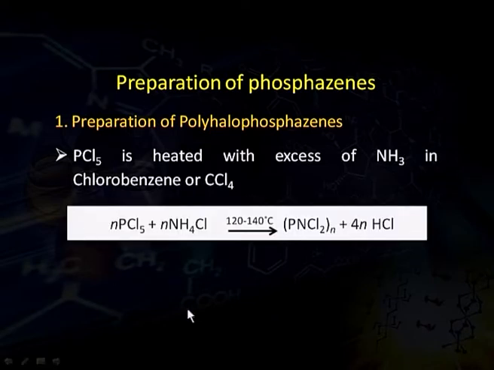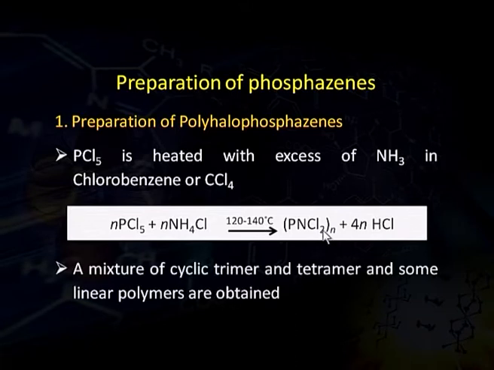So, we can see that n number of phosphorus pentachloride is treated with n number of ammonium chloride. We can also take ammonia in place of ammonium chloride, and we heat the mixture to 120 to 140 degrees Celsius, and this polyhalophosphazene is formed. A mixture of cyclic trimer and tetramer and sometimes linear polymers are also obtained in this mixture.